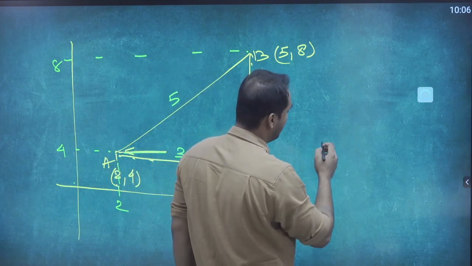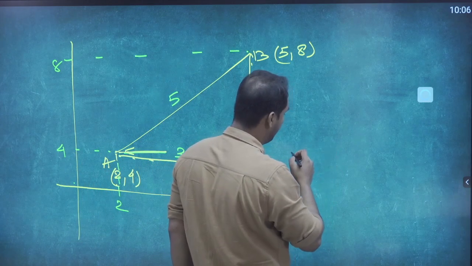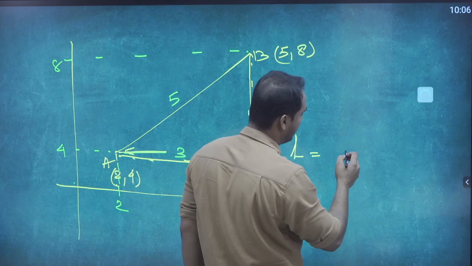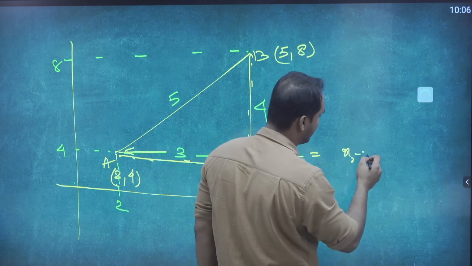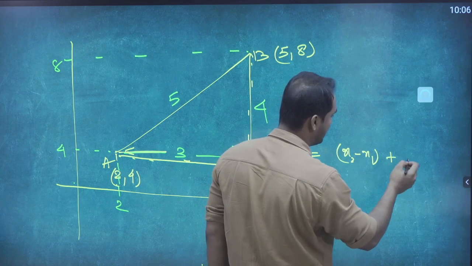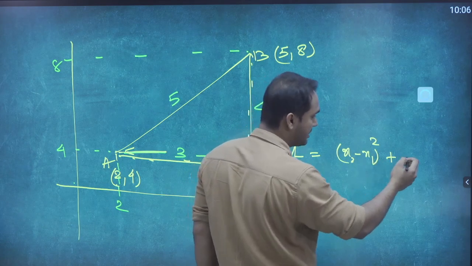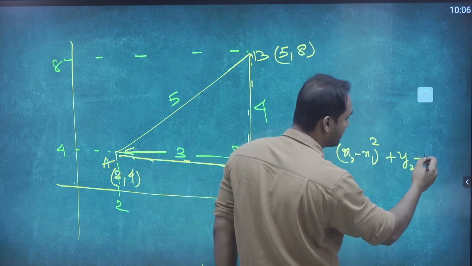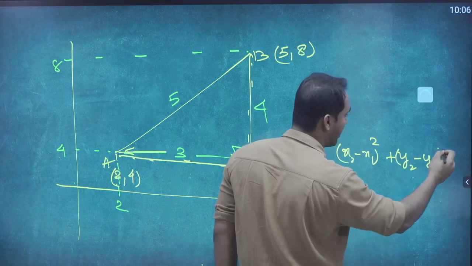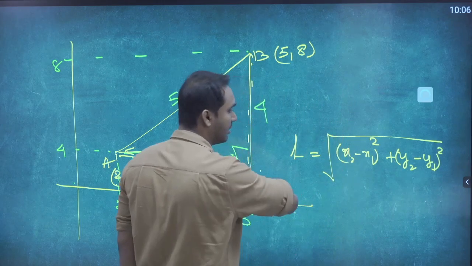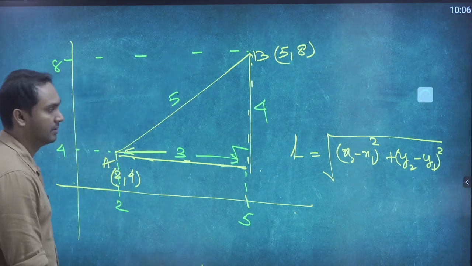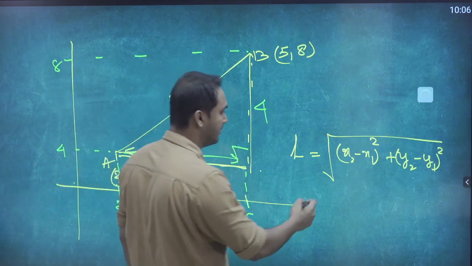So the equation will be the length equals the square root of (x2 minus x1) square plus (y2 minus y1) square, isn't it? We'll do the same way.